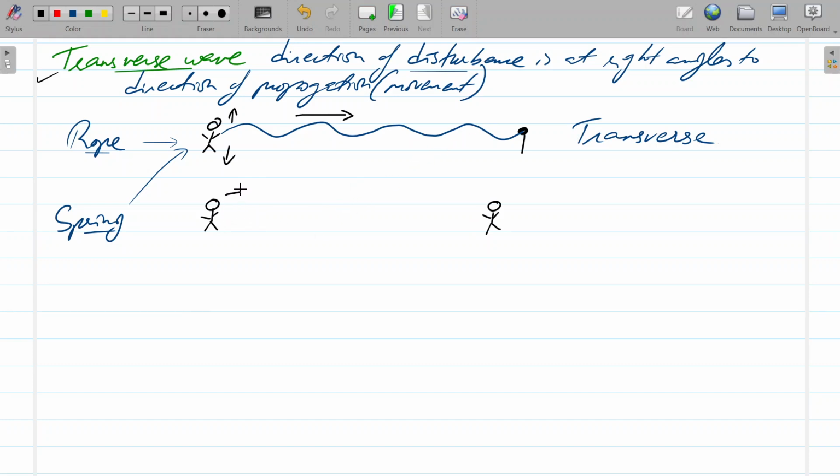So the direction of movement is back and forth. What you would notice is that the spring stretches in certain areas, and then it condenses, and then it stretches again, and then it condenses.